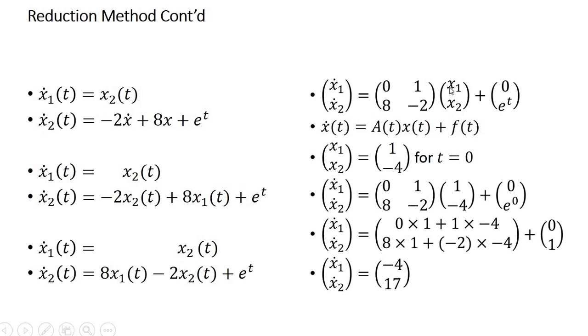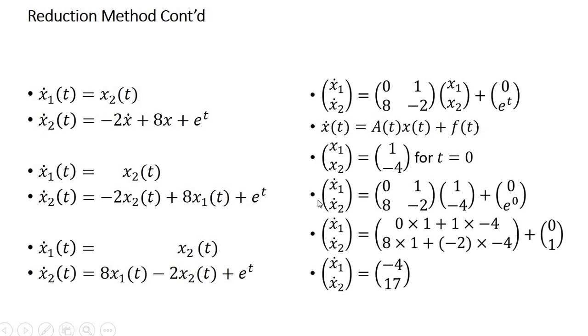For the non-homogeneous part, you have 0 and e to the t. Then you have managed to write this in the form x prime equals A x plus f.